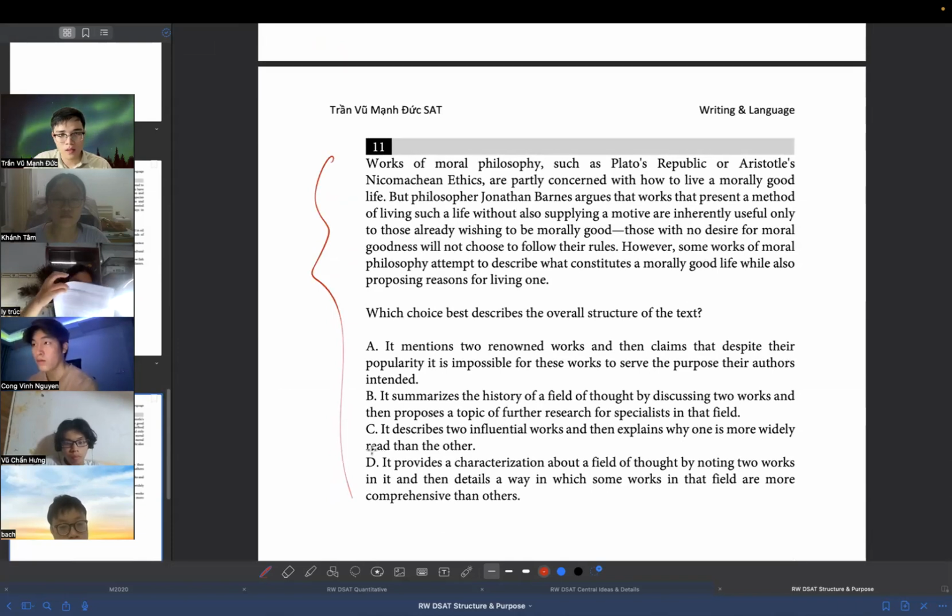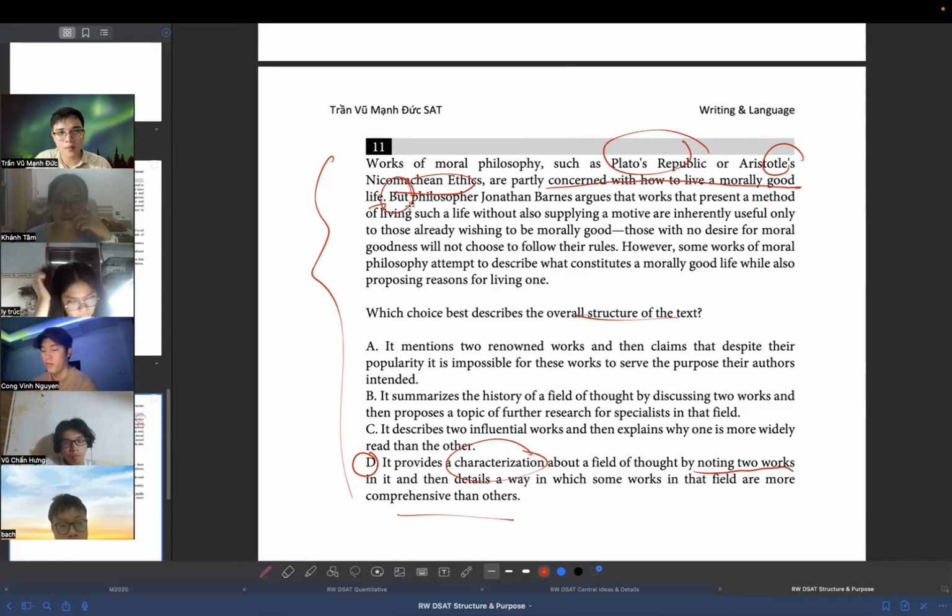11D. It provides an overview, a characterization of the field of thought by noting two works in it, and then details a way in which some works are more comprehensive than others. Firstly, the characterization of the field: such works are partly concerned with how to live, right? This is talking about what this field is. Noting two works, very specific. This one and this one, right? Sounding good.